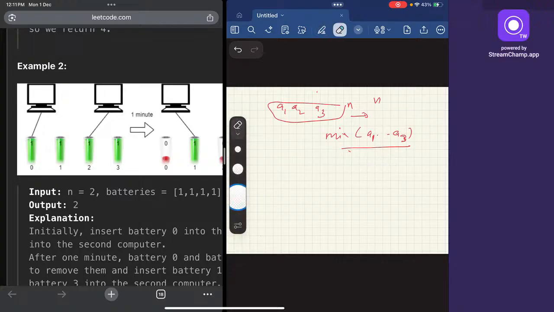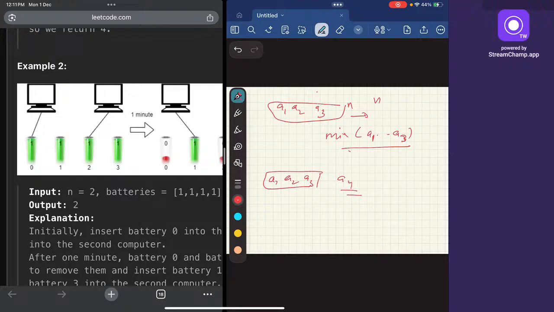Okay, so when we add another battery, first we had 3 batteries, again I add a 4th battery. So what will I do? I will sort this so that I can get the minimum value at the first. Assume a1 is the minimum value, and a2, a3, a4 are values bigger than a1.